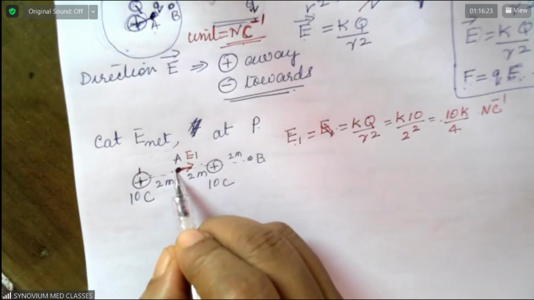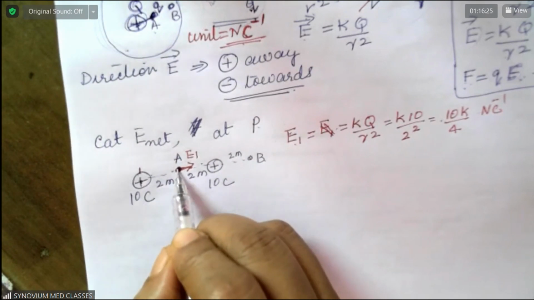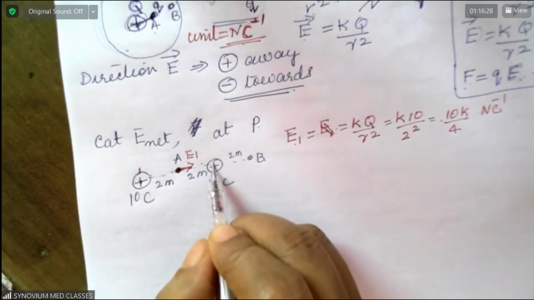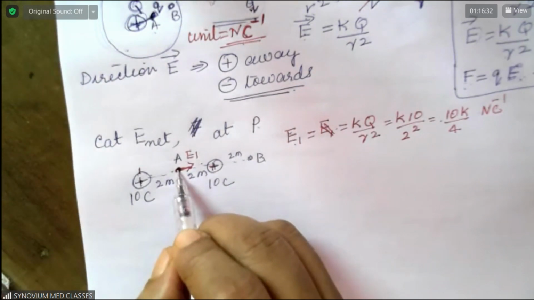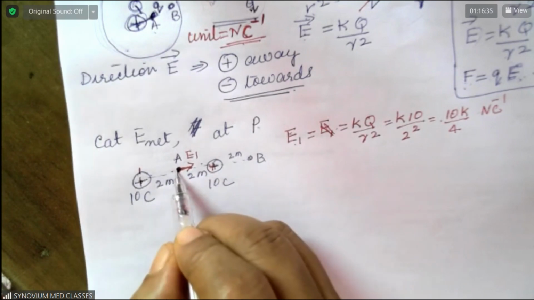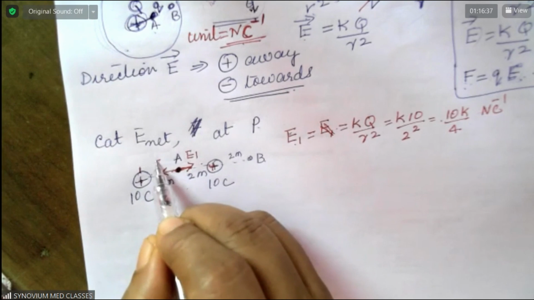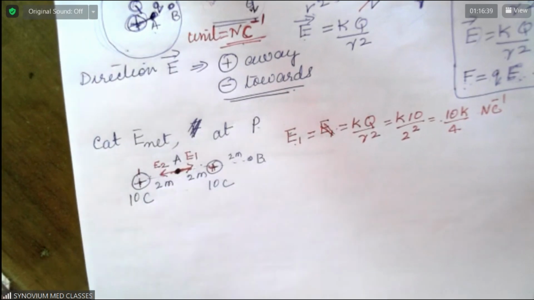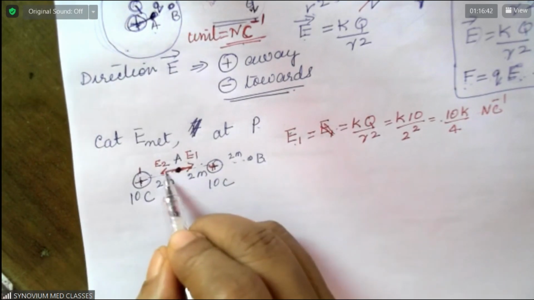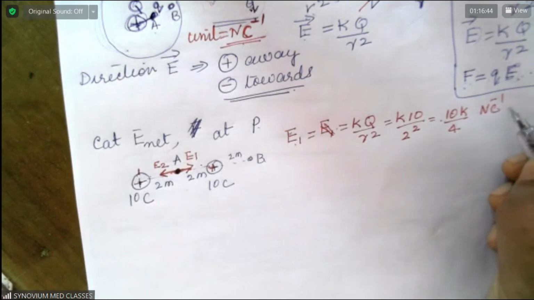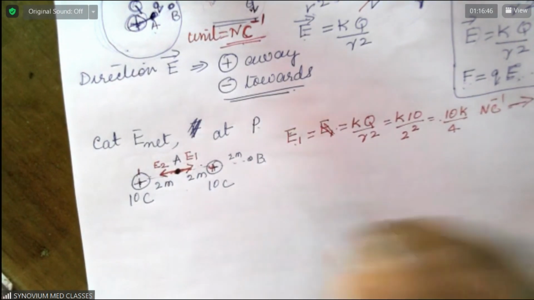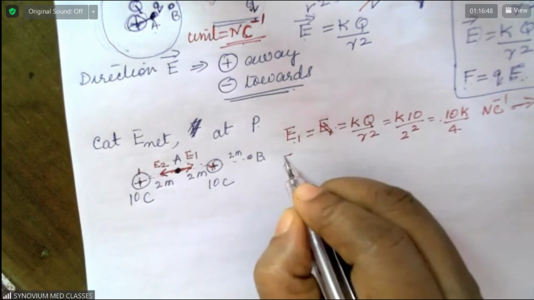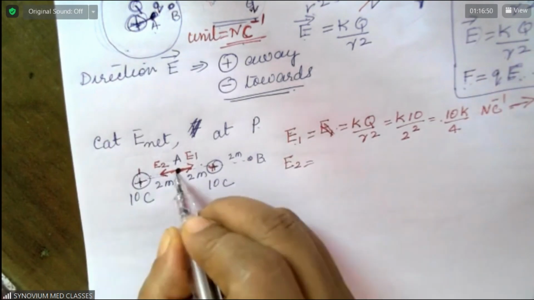Similarly, what is the electric field direction at this point due to this one? Again, this is positive. You have to assume that the test charge that we keep is always positive. This is the direction of electric field. Now, E1 is in this direction and E2 is in this direction.